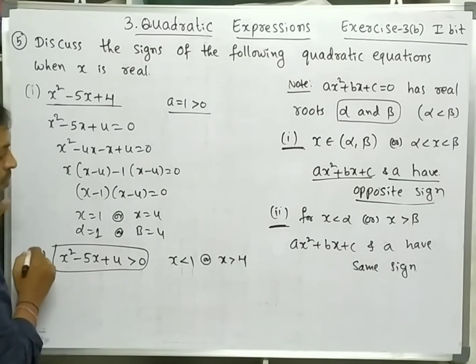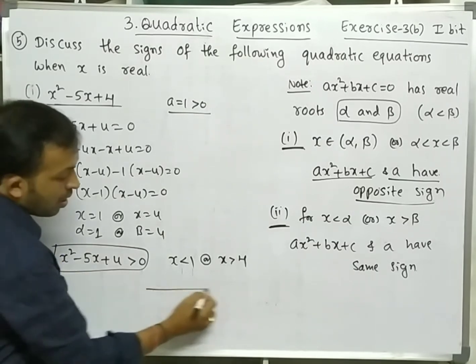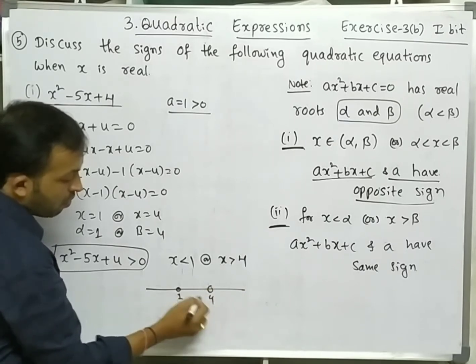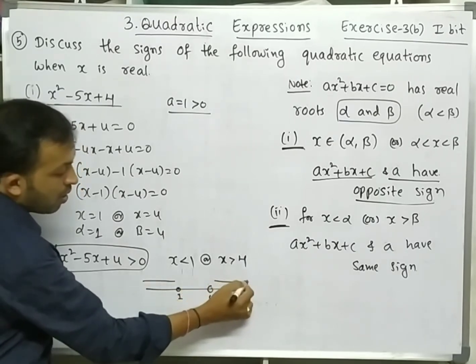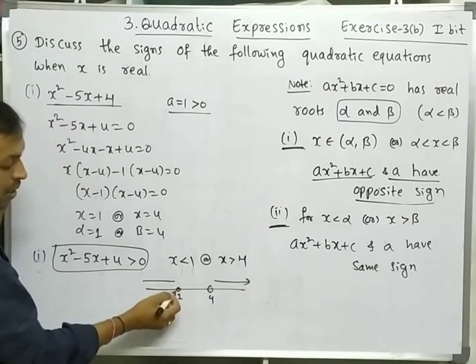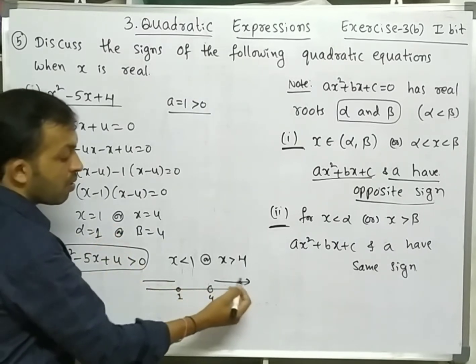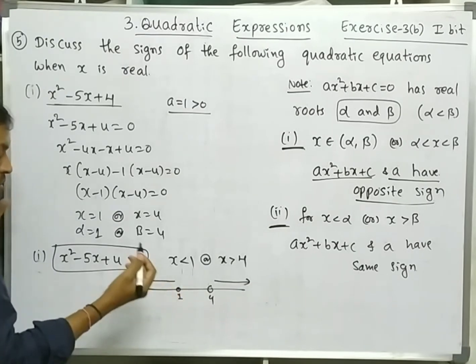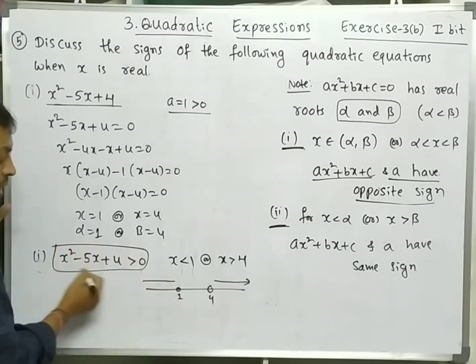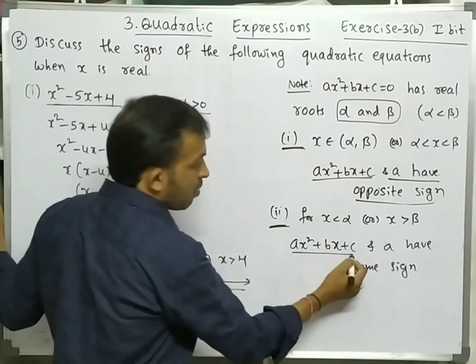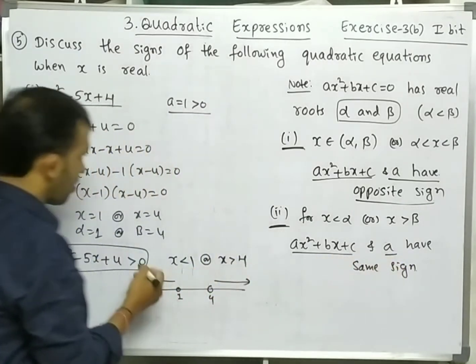This is the number line, this is 1, this is 4. So less than 1 means 0, minus 1, minus 2 for those values, and greater than 4, 5, 6, 7 those values, the quadratic expression is positive. So ax square plus bx plus c and a have the same sign.